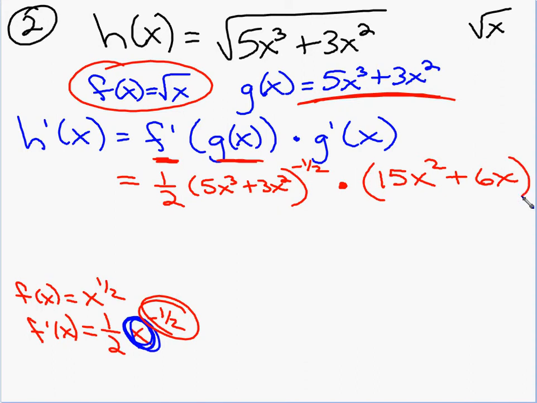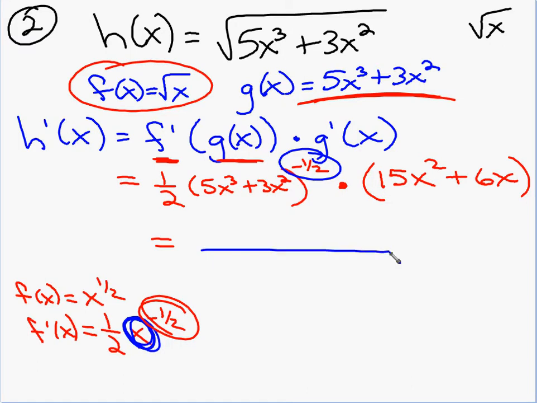Okay? Now, that is somewhat ugly, and like I mentioned to you before, the final form of these derivatives is often up to some opinion, but I think we could clean this up a little. Notice what I've got here. I have a negative 1/2 power. Isn't that a square root that's in the denominator?